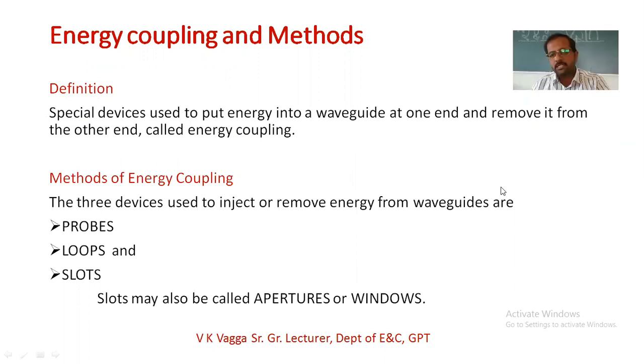In the last class I explained about the waveguide. It is nothing but a rectangular pipe made up of a conductor, or a circular pipe, acting as the waveguide. In a pipe, one end is assumed as the input side and the other end as the output side.